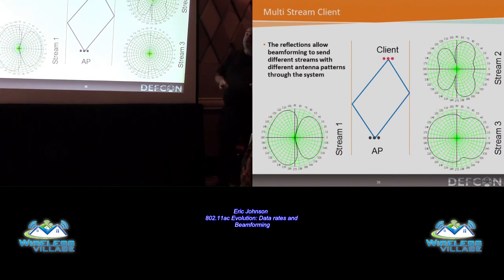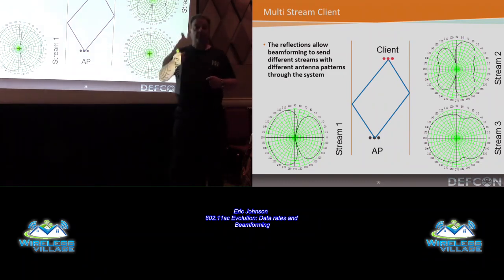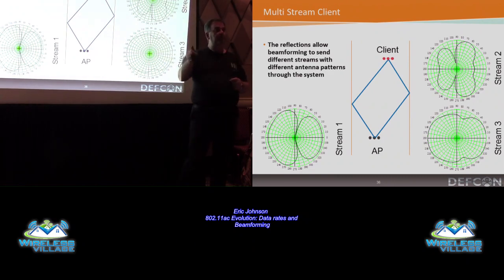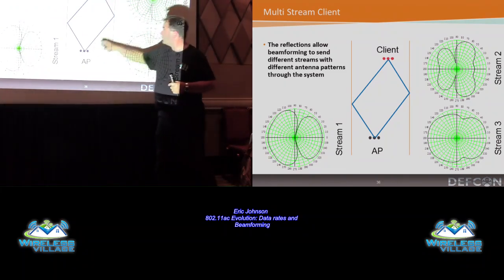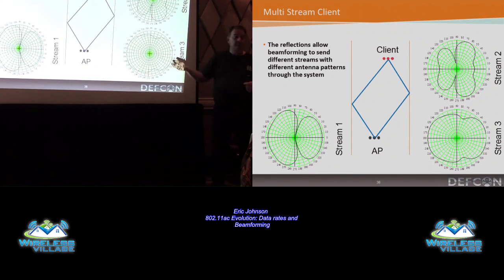Now, what happens if you do this with multi-stream clients? Something really interesting happens. Remember that we have to help the system separate the three branches of information so the receiver can receive it cleanly. So stream 1, stream 2, and stream 3, the antenna patterns are all different. Okay, you can't do this with an analog solution because they only transmit in one direction.